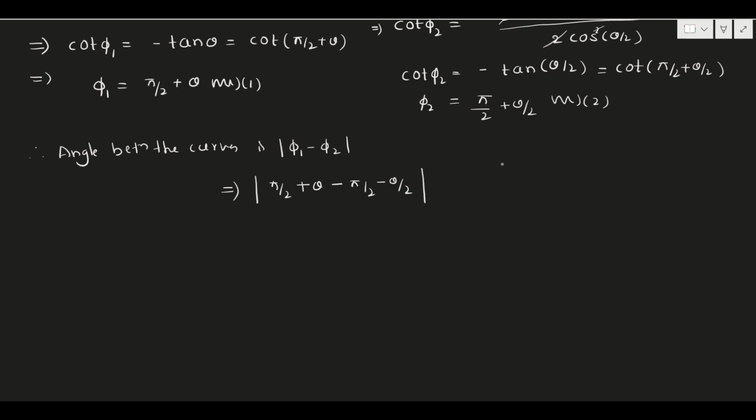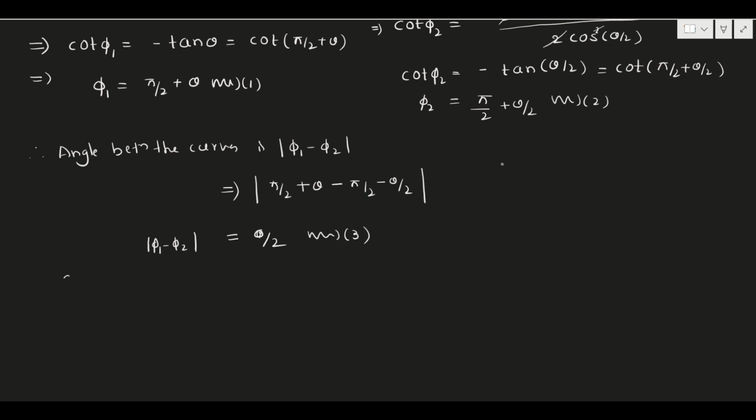So this is equal to theta by 2. But they asked you to find the angle. So we have modulus of phi 1 minus phi 2 as theta by 2. So we need to find theta. How are we going to find theta? Call this equation 3.